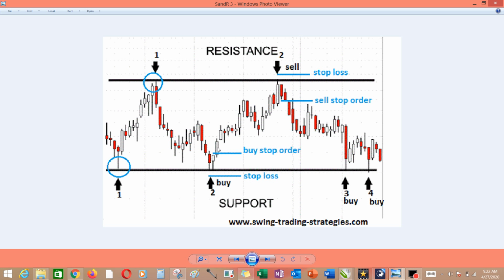The reason you shouldn't jump in is it is possible for it to reverse back again and break the support level. So you can just put your buy stop here. Once it gets here, it has closed this candle already and it is already creating another bullish candle. It shows that it will buy for long and you can come in.